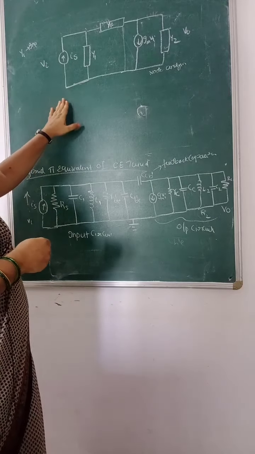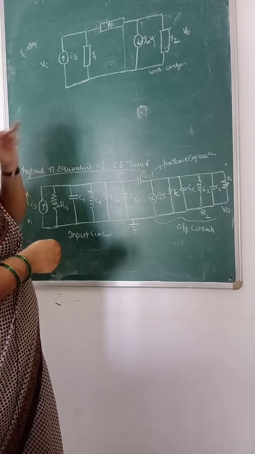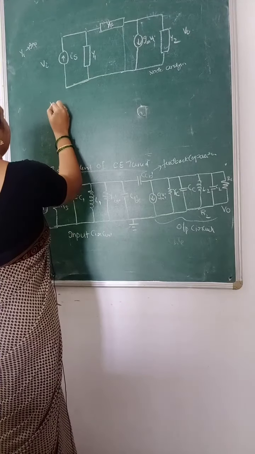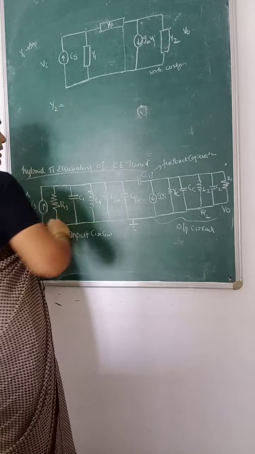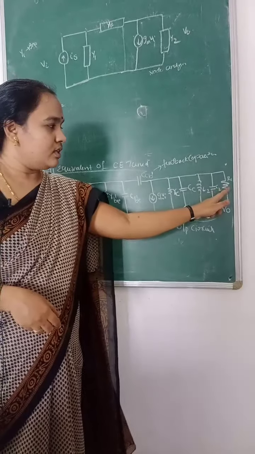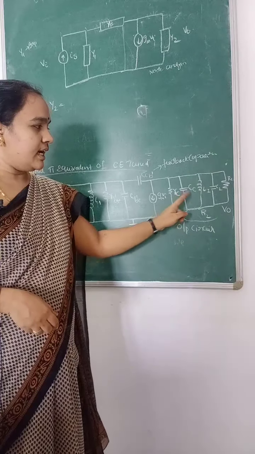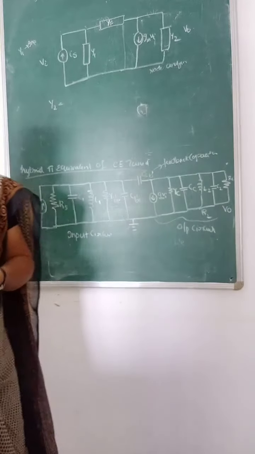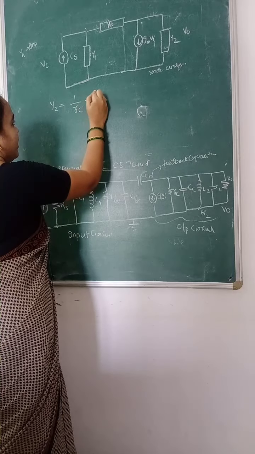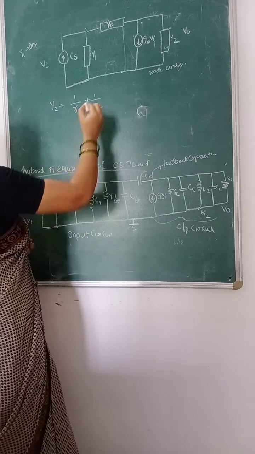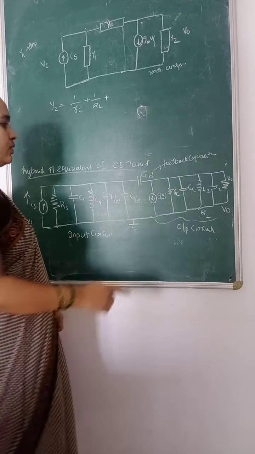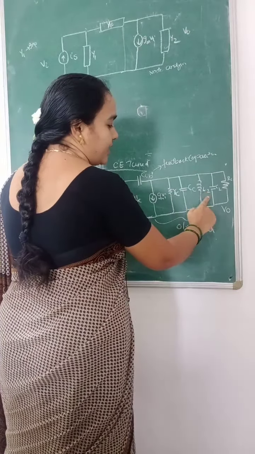So let us write what these Y2, Y1 and Yf are. Y2 is the output admittance. Here we will have several resistive components. RL and RC are the two output resistances. Simply we write down the inverse, that is 1 by RC plus 1 by RL plus, for inductance, we assume that the inductance will also have a resistance.